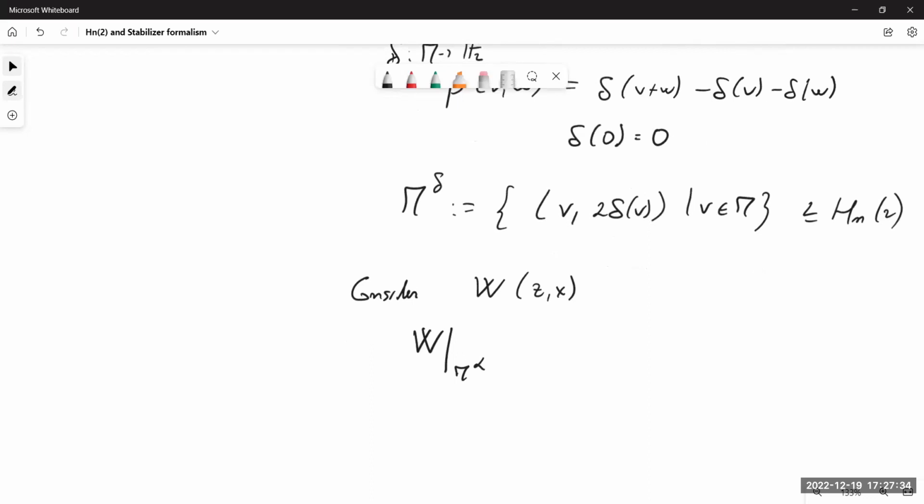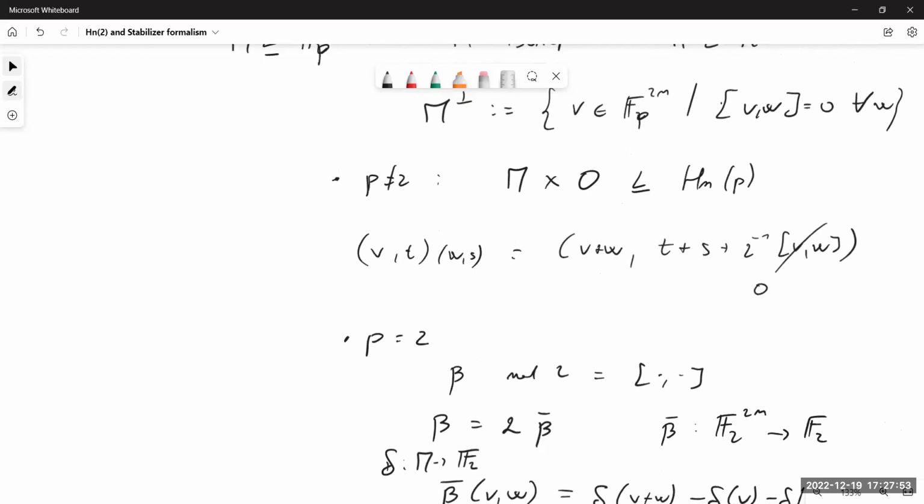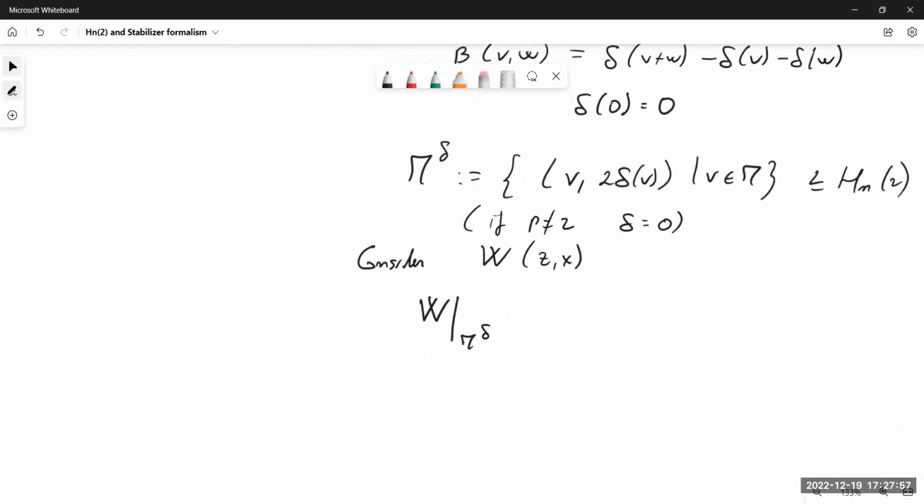One note again: if p is not even, you can just choose delta equal to 0, and you go back to the first case, of course. So it's just the easier case for odd characteristic.